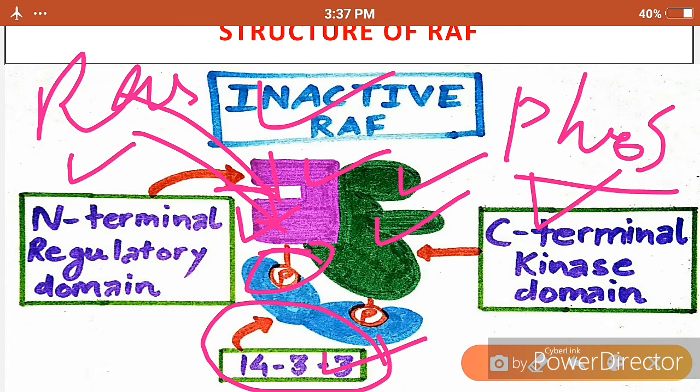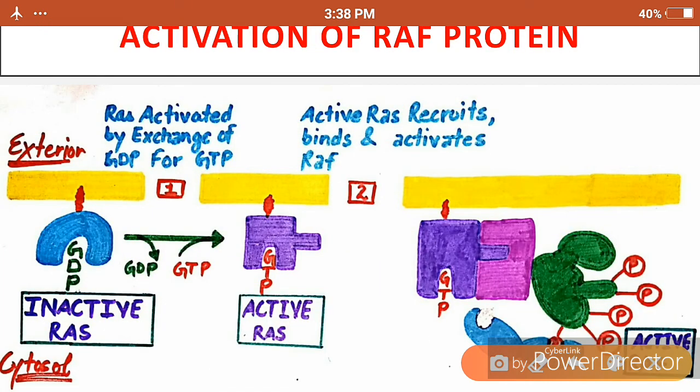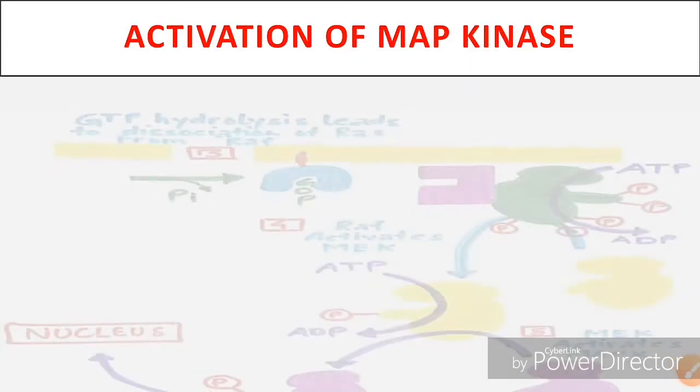This 14-3-3 releases the N-terminal regulatory domain, and in this way the RAF becomes active by the action of RAS protein. So once this happens, you can see here the RAS is perfectly bound to the RAF protein, and this is in active form now.